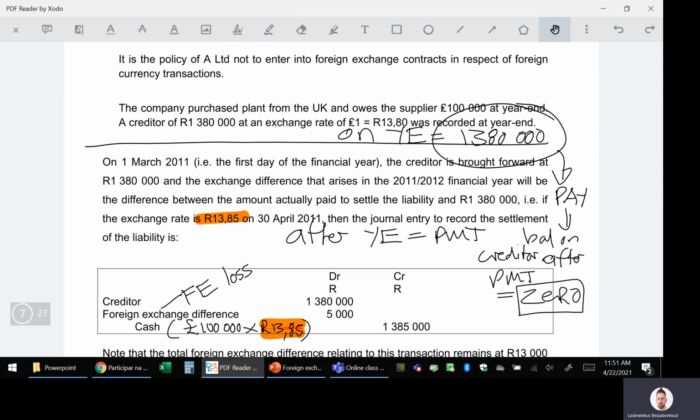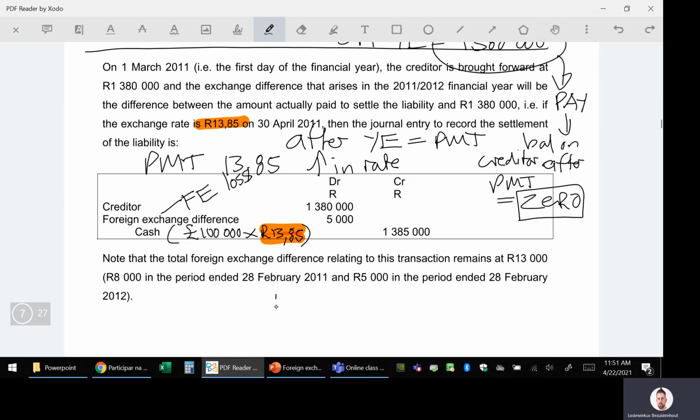And where does this loss come from? The year-end rate was 1380. The payment rate was 1385. So there was an increase in the rate. And if we have an increase in the rate, that means we owe more.